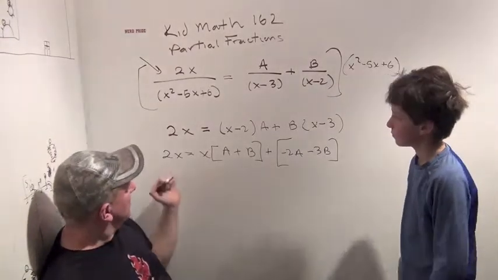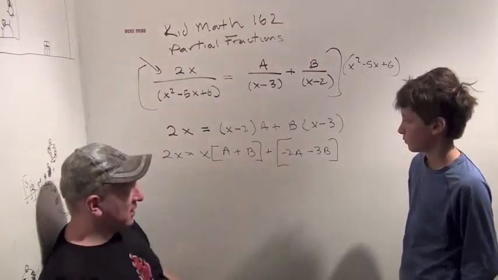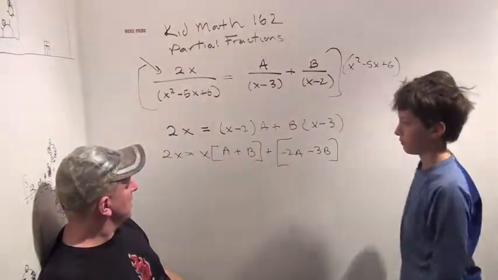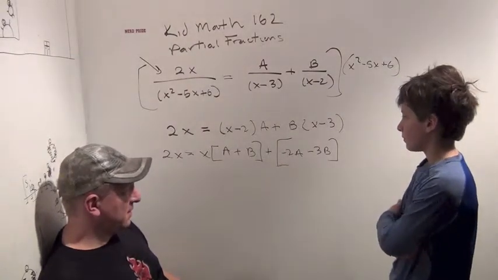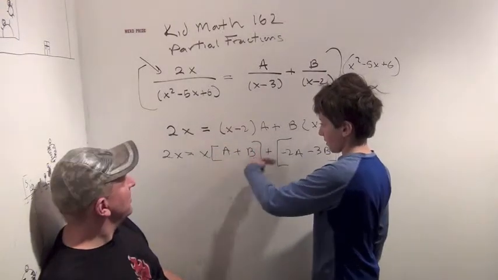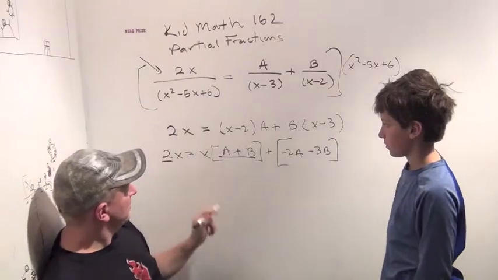Okay, so what do you think this means if 2x equals x times this plus some other constant? Well, then x has to equal this all over 2. That's true. What else does it mean? Well, the x terms are going to be coming from this. Right. That means that a plus b has to equal 2.